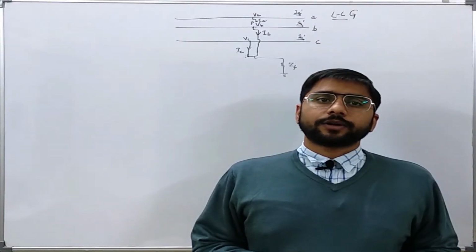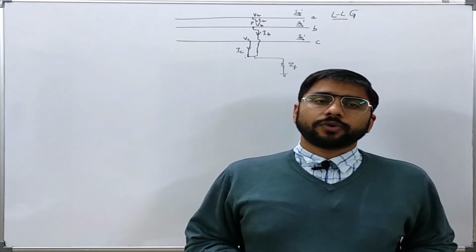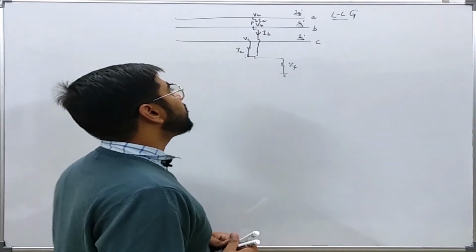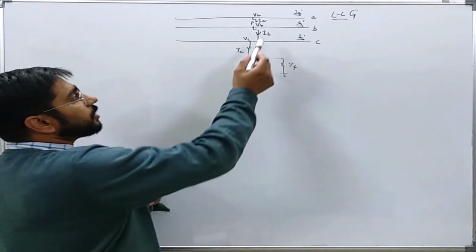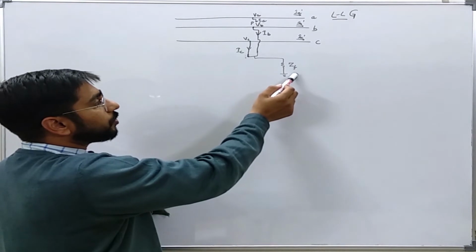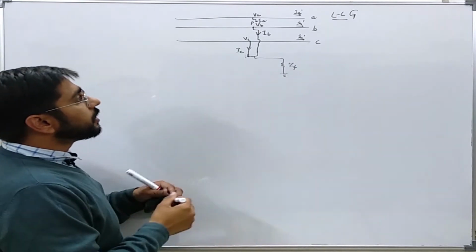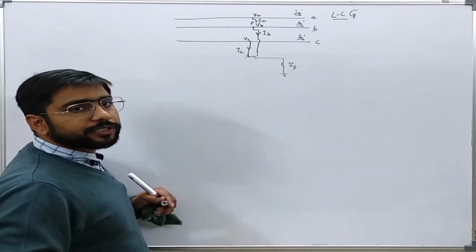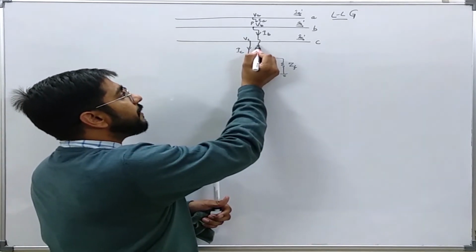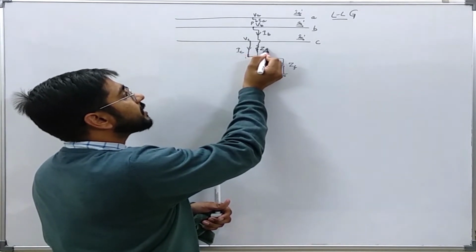Now let us try to analyze double line to ground fault. As the name suggests, in this type of fault the two phases of the system get faulted to earth also. Now there might be a question in the minds of students that these lines will also be having some impedance, let us say ZL.